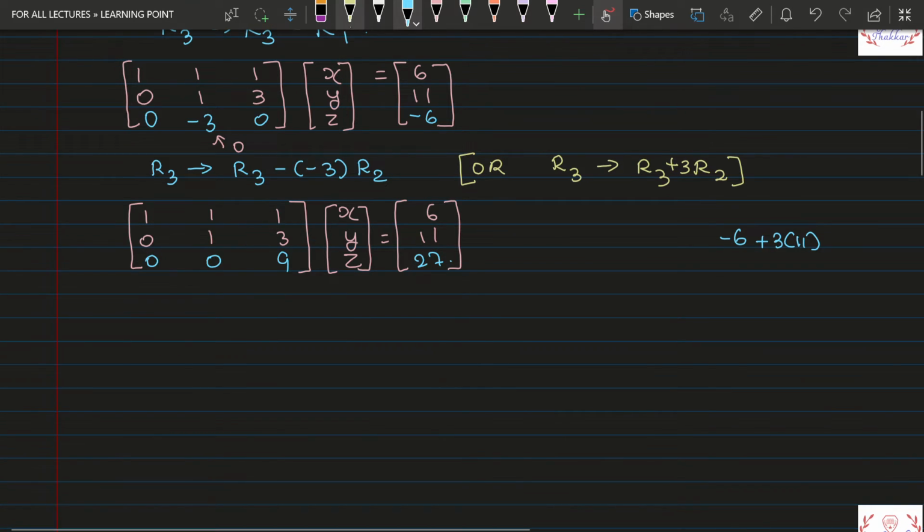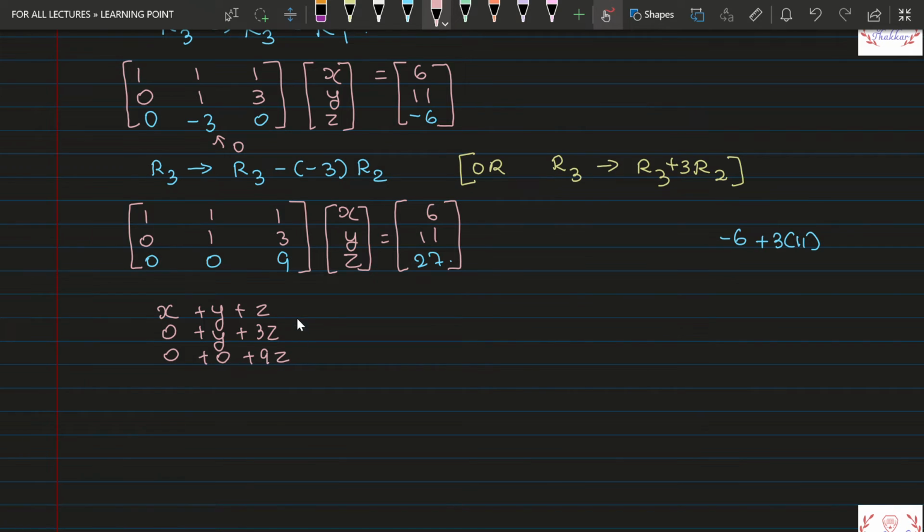Now we have to once again multiply the matrices. 1 into x, that is x, plus y plus z. 0x, that is 0, 1 into y, that is y, 3 into z, that is plus 3z. 0x, that is 0, 0y, that is again 0, and plus 9z.